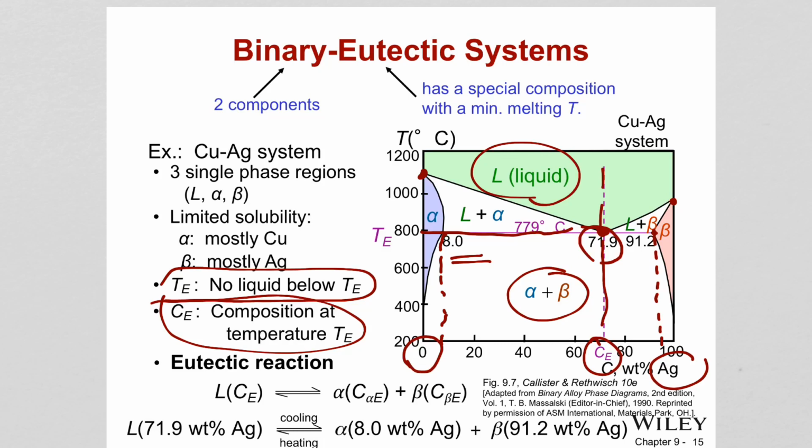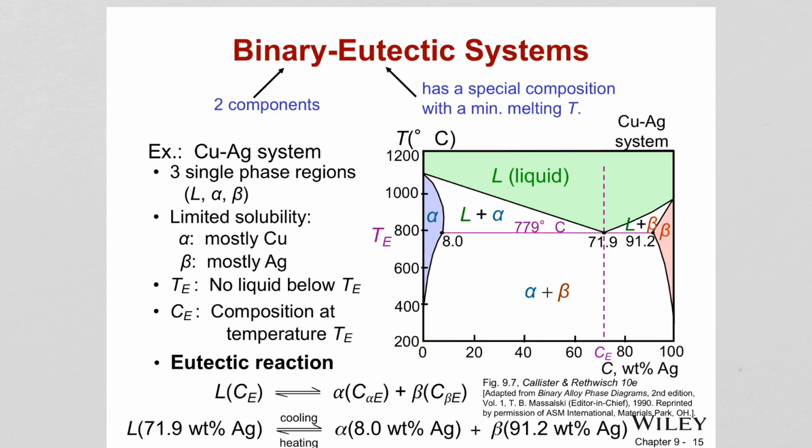The eutectic reaction is then, we are going from liquid, which is at a composition of CE, to two solid phases, alpha and beta, when we cool it down. So alpha and beta compositions are going to be read like this. Let me show you. Erase, and we choose some color.